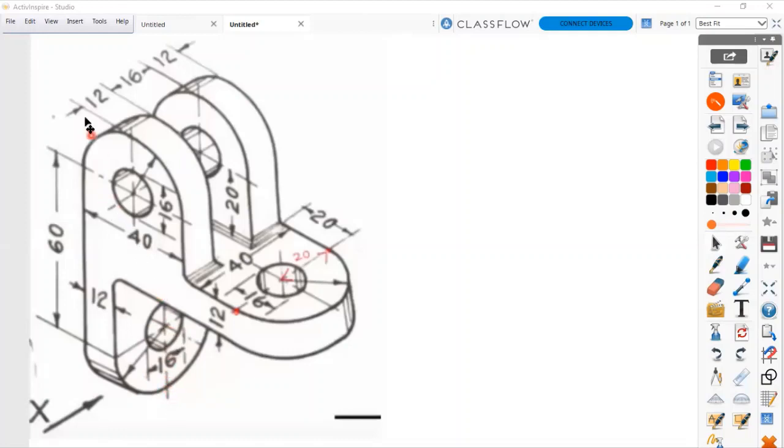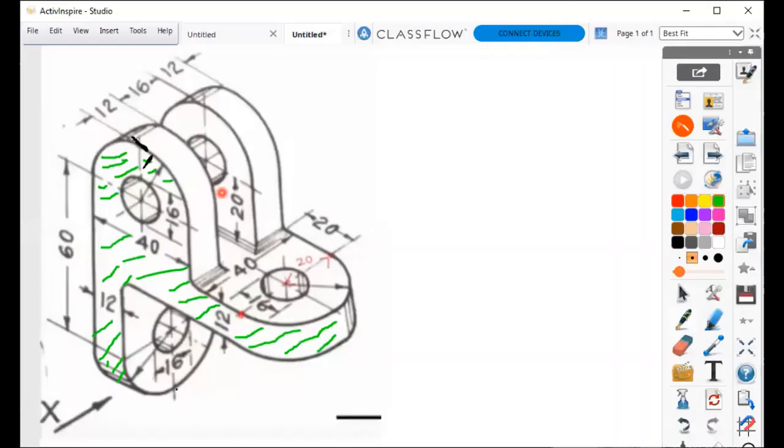Okay, so from here, all the way from the upper limit of the front view, the uppermost part of the front view, which is here, all the way down, it's 60 plus 20 plus 20.